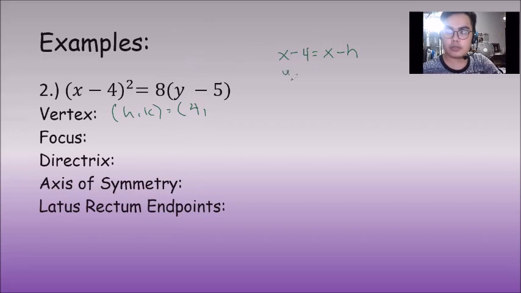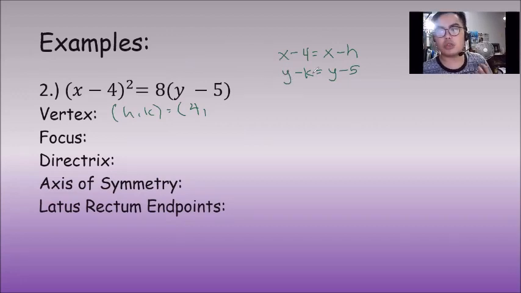Then for k, y minus k is equal to y minus 5. Since they both have y on both sides and the minus sign, we can easily say that our k is 5. Then, since this is x squared, we can say that it is a vertical parabola.